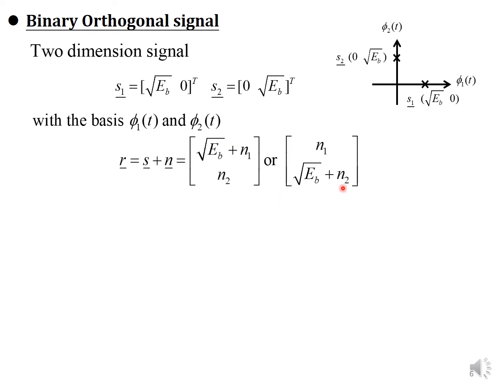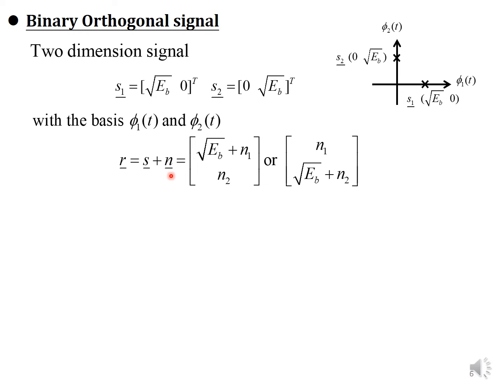So for S1, the energy is on phi 1. For S2, the energy is on phi 2. The received signal is also a two-dimensional vector, and is the addition of S and noise.